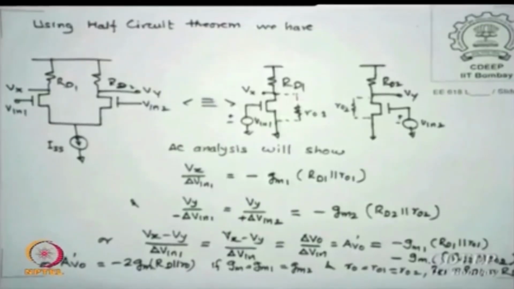Now this AV dash 0, when RO1 equals RO2 and RD1 equals RD2 and GM1 equals GM2, can be reduced to 2 GM RD, and RDs are normally smaller than R0, then it is the same as 2 GM RO. Nothing very great appears.